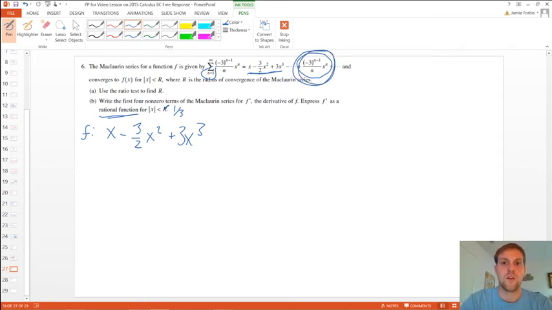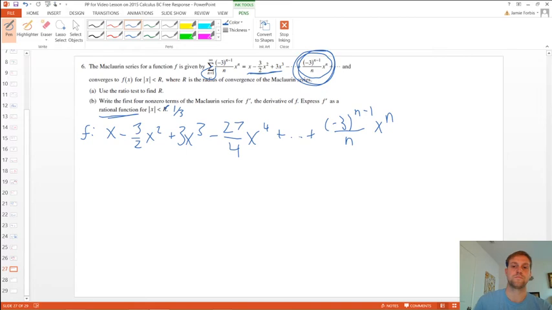So that's going to be -3 to the 4 minus 1, or -3 to the 3rd power, which is -27 over n, which is 4, and x to the 4th. Okay, so those are my 4th terms. It only wanted me to do the first 4 terms, but just for the heck of it, that's going to be plus ... -3 to the n minus 1 over n x to the n.